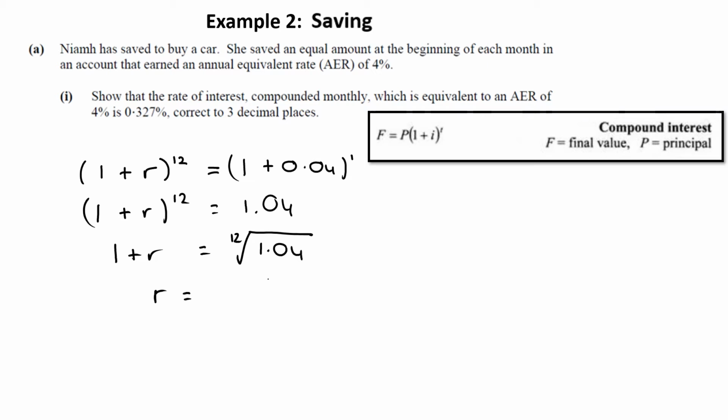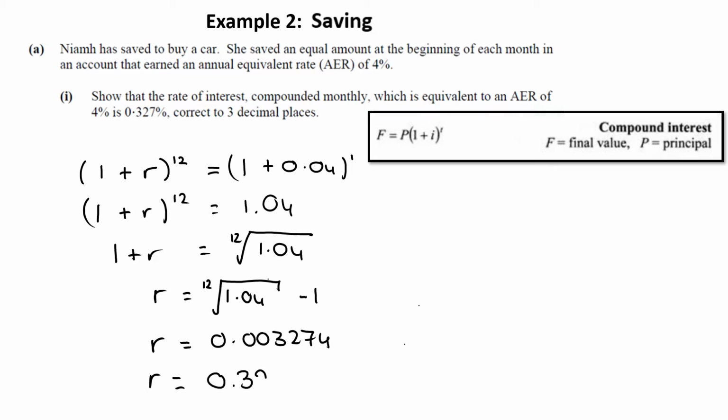So r is equal to the 12th root of 1.04 minus 1. So r will be equal to 0.003274, and to 3 decimal places, that's after we turn it to percentage, is going to be 0.327%, and that is exactly what we were asked. QED.